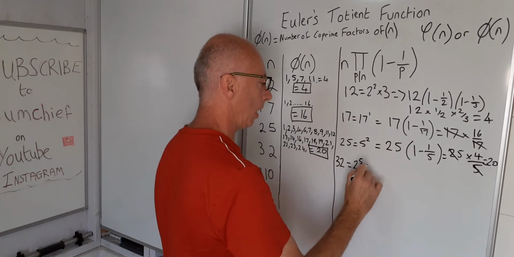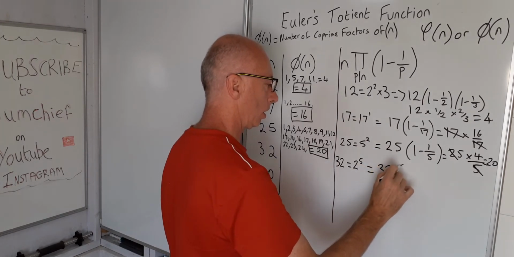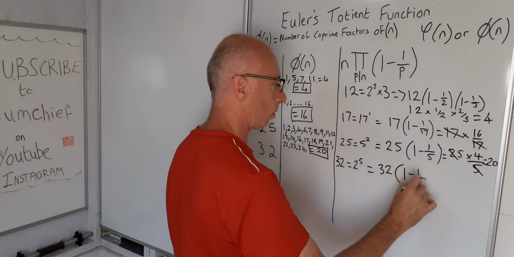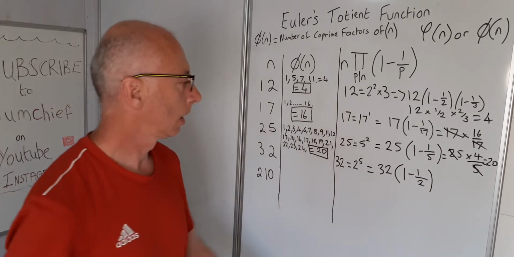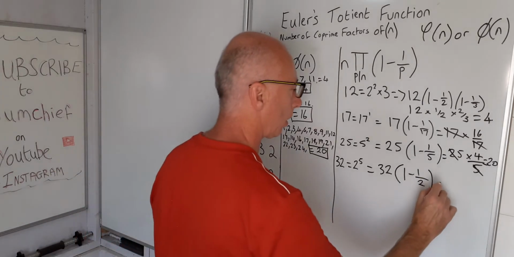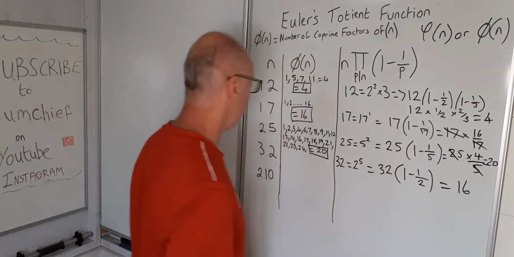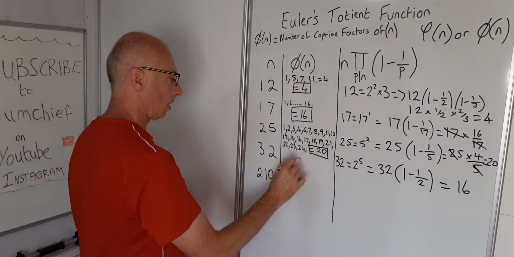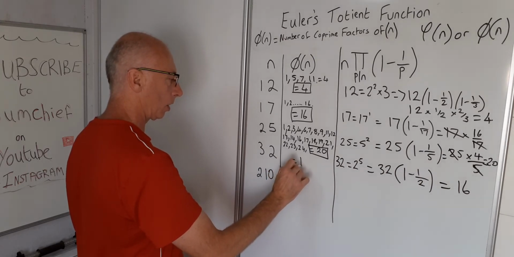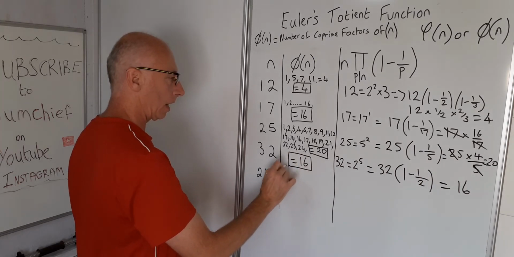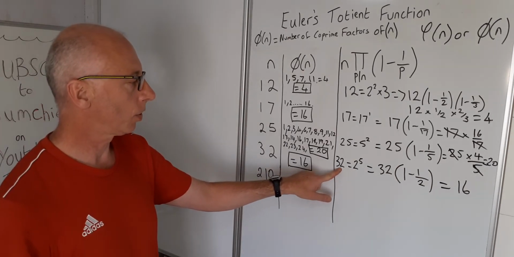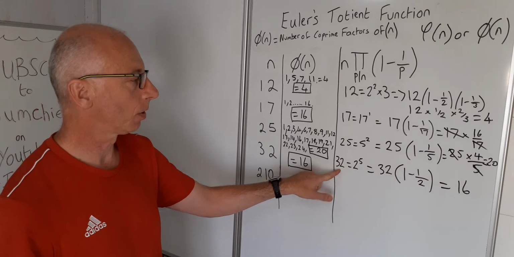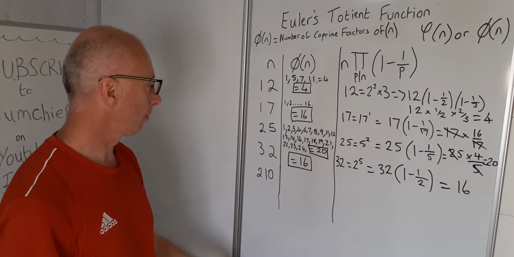So using this formula, 32 times 1 minus 1 over 2, because 2 is the only prime factor. 32 times a half is going to leave us with 16. That sounds pretty fair to me, because as 2 is the only prime factor, the coprime numbers are going to be all the odd numbers. So all the odd numbers from 1 to 32 is going to be 16.